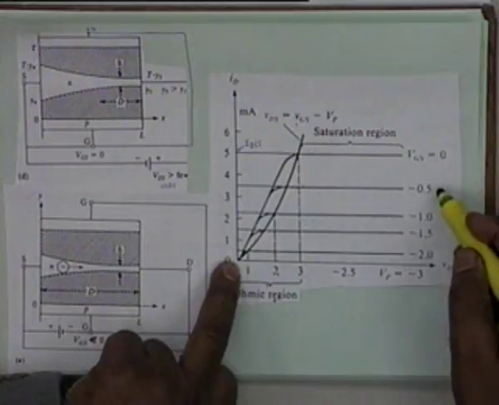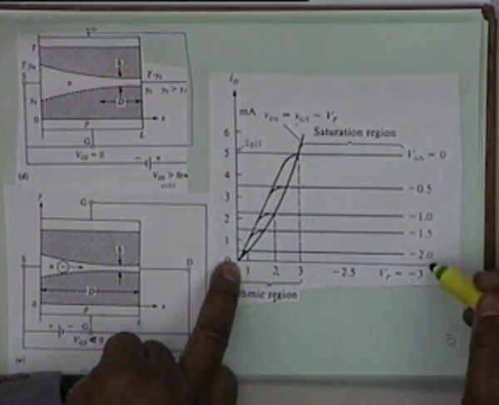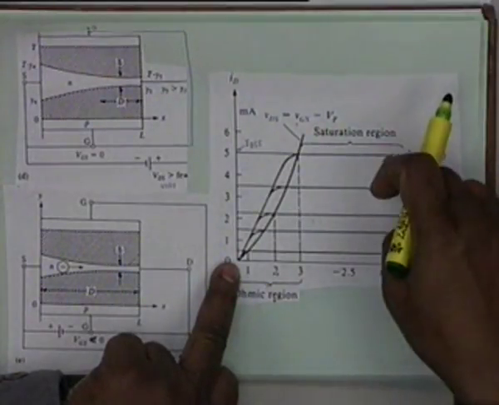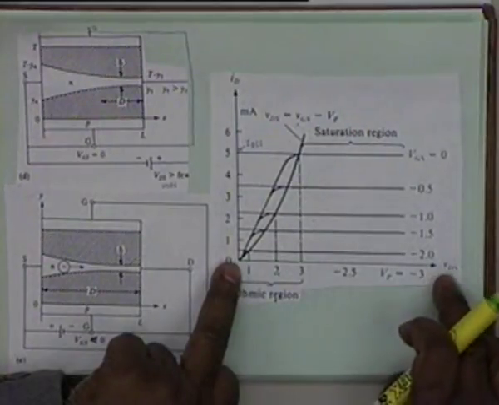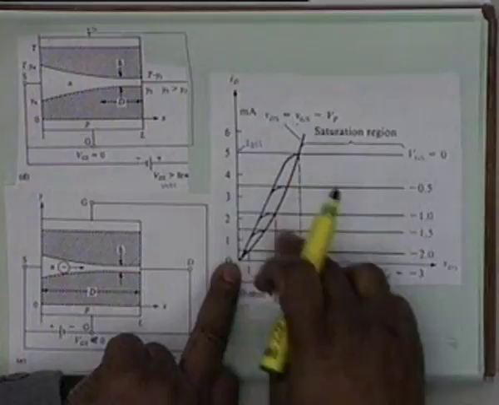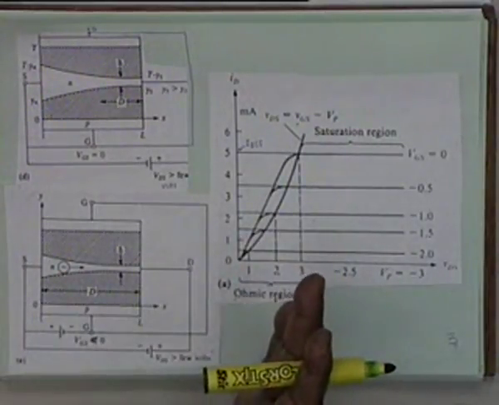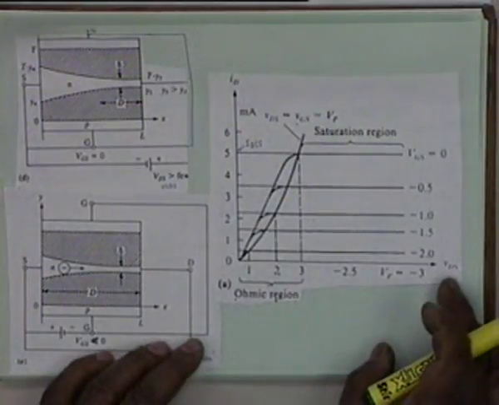Okay, 0, minus 0.5, minus 1, minus 1.5, minus 2, minus 3. As you notice, the lines are still parallel to the VDS axis. These characteristics are very similar to BJT characteristics, except for the fact that this is more inclined towards VDS.